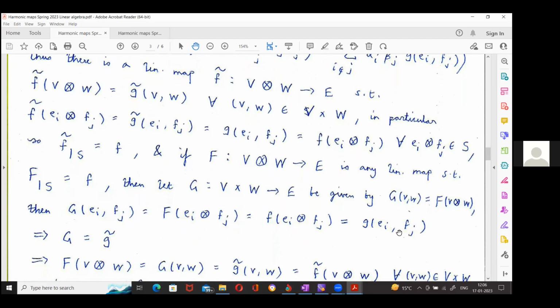So now capital G and little g are both multilinear maps which agree on pairs of basis elements. Therefore, by multilinearity, they have to agree everywhere. That means G has to equal G tilde, which is the multilinear extension of G.